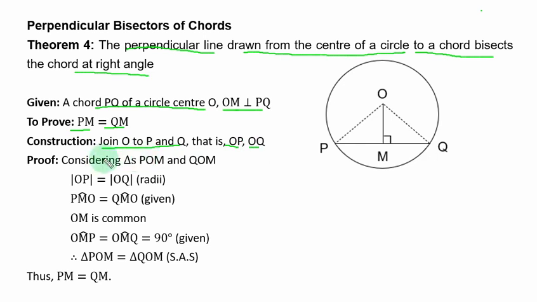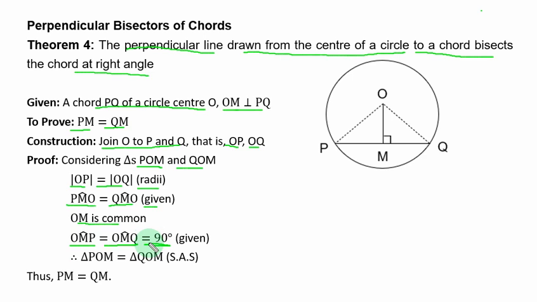Proof: considering triangles POM and QOM, you have OP is equal to OQ, that is equal radii. OM is common. Now angle OMP is equal to angle OMQ, and that is 90 degrees.